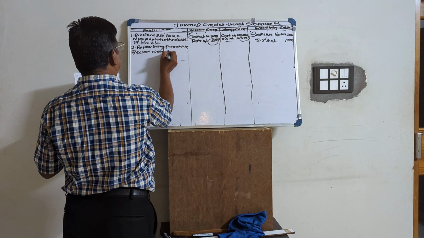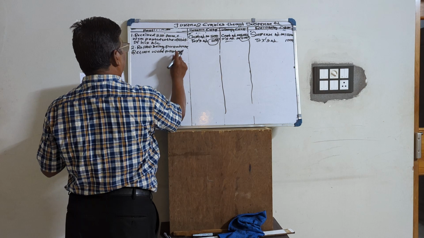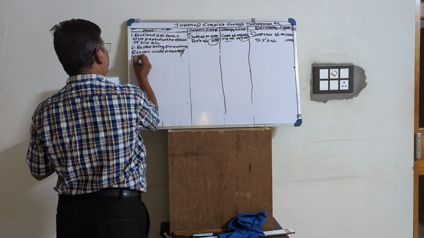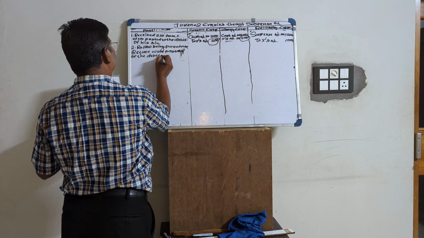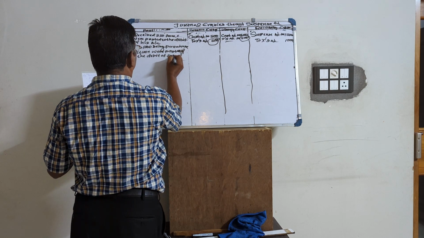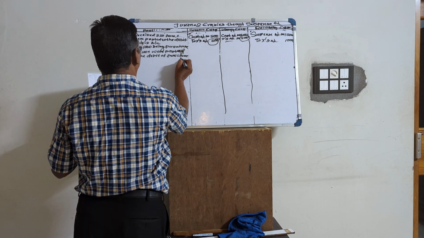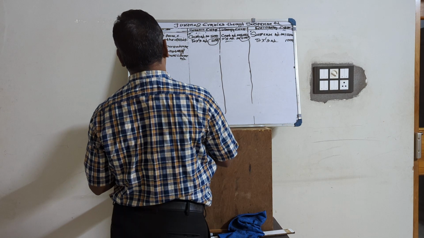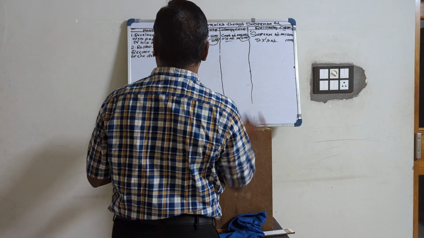Rupees 1000 with purchase return were posted to the debit of purchase account.